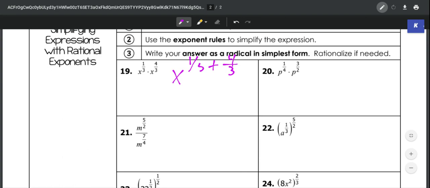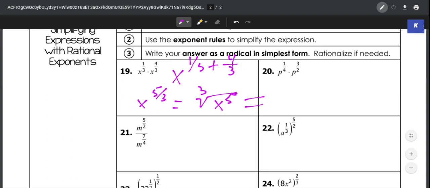So that will give us x to the 5 over 3. And if we want to rewrite this in radical form, we would take our x, put it under a radical. Our numerator is 5, so that 5 is going to go under the radical. And our denominator is 3, so that's our index.